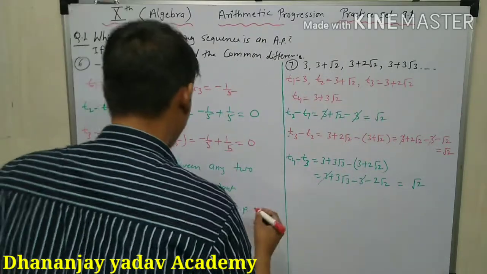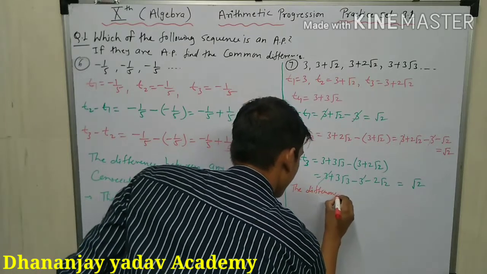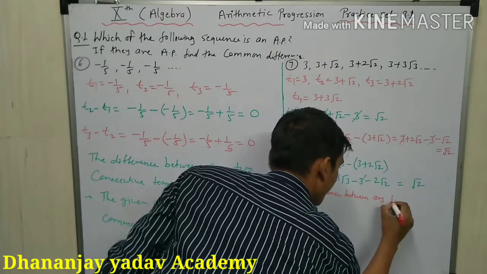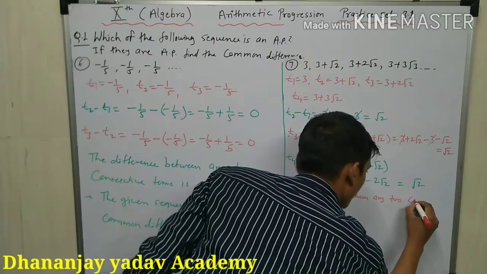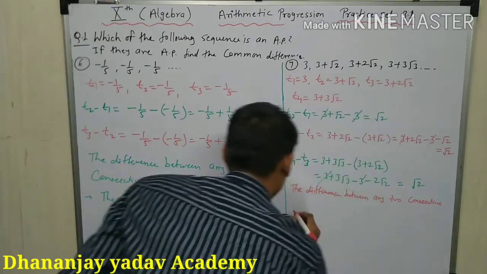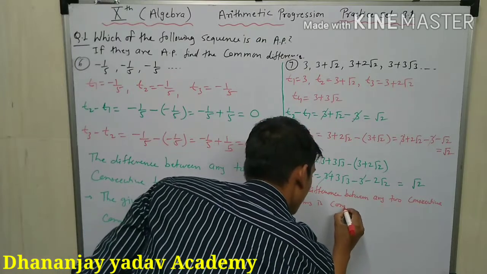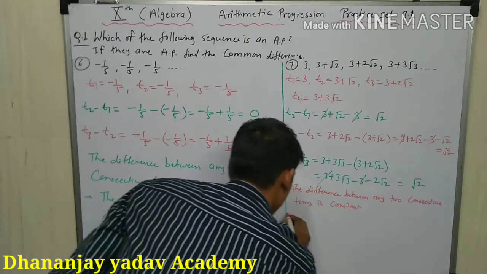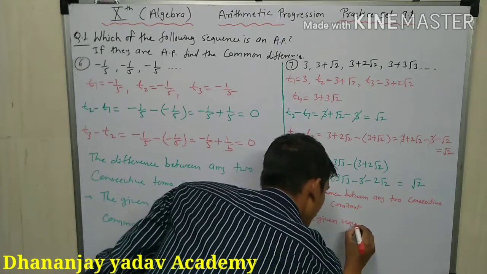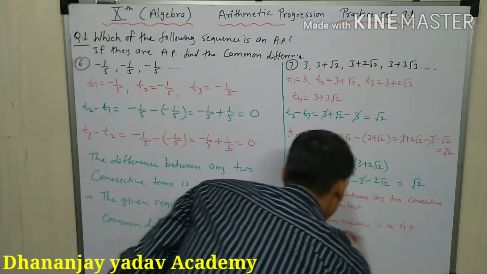Now you can write here the difference between any two consecutive terms is constant. The given sequence is an AP.